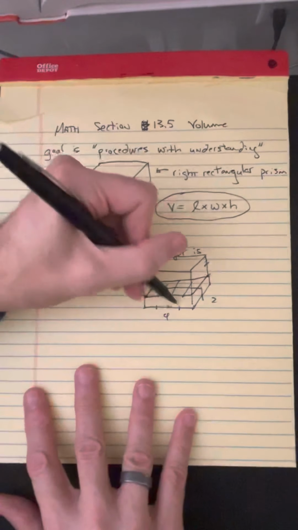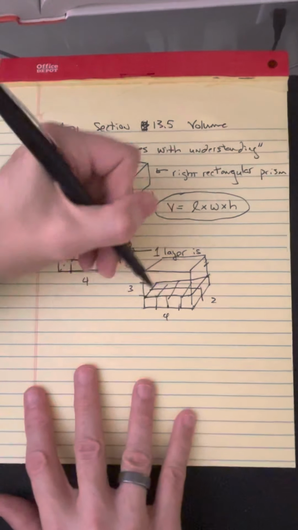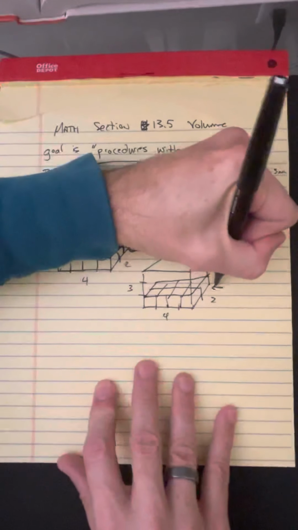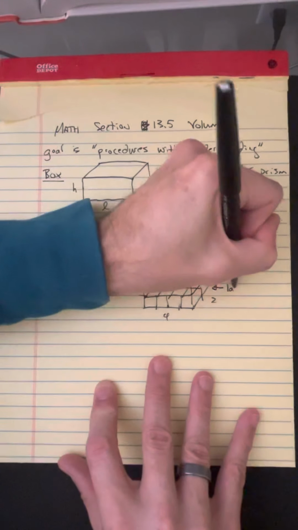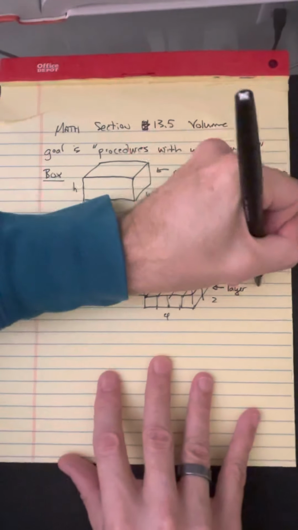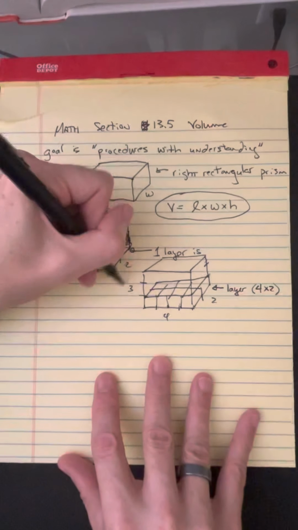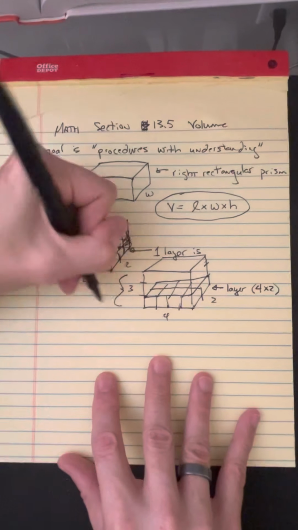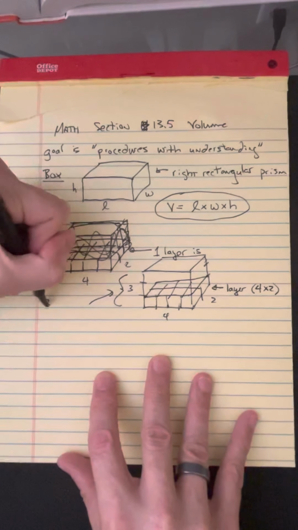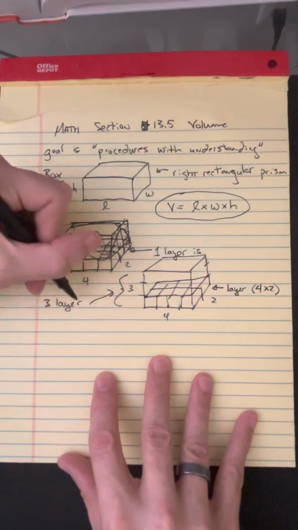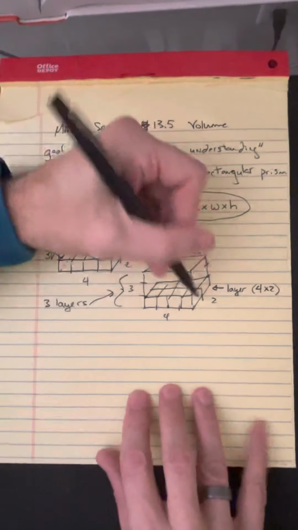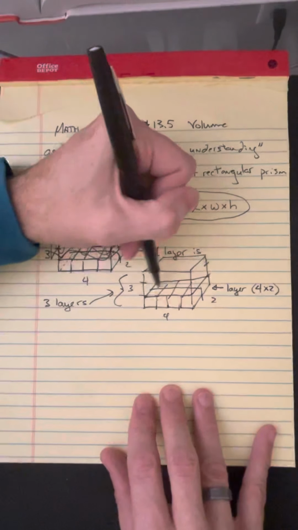That would be 8 cubes. So each layer is 4 by 2. And then the 3 tells you how many layers, right? 3 layers. So the idea is you do this once, 8 cubes.